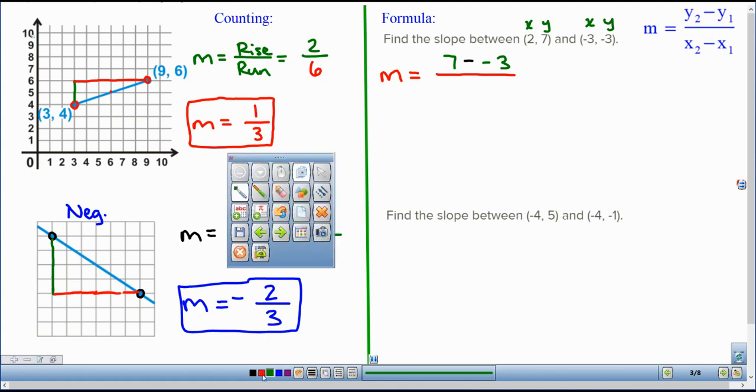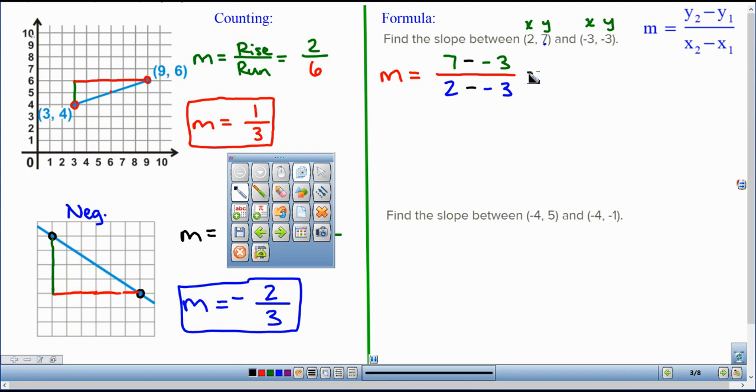Now is where it's important to be consistent. Since I used the 7 as my first number here, I must use the 2 as my first number here, because that ordered pair goes together. So we have 2 and then the minus sign and then the other x value, which is -3.